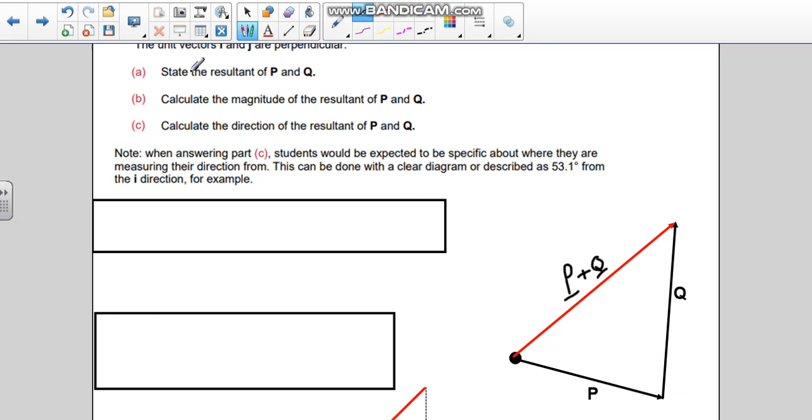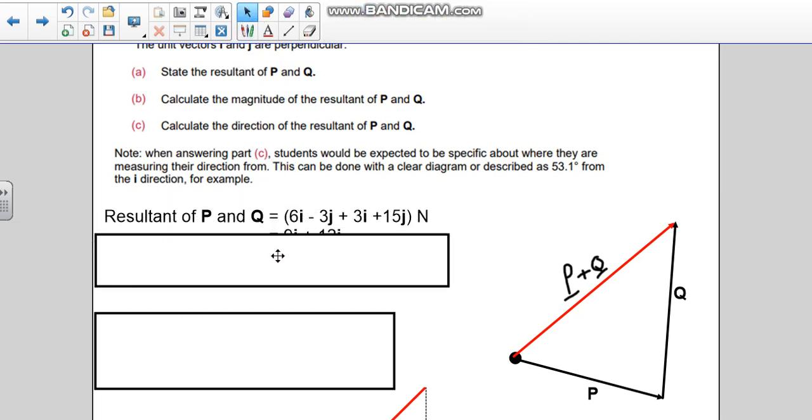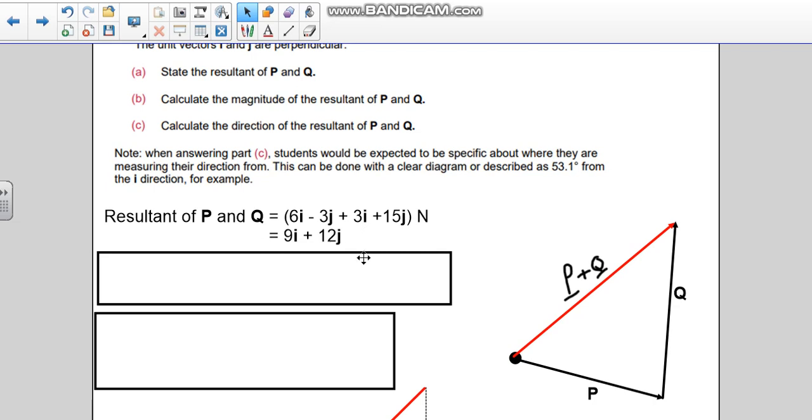We are asked to state the resultant of P and Q, which is P plus Q. We've been given the two vectors and I'm going to add them together. So we had 6i minus 3j plus 3i plus 15j, in newtons. So we've got 9i and 12j. The resultant of P and Q is 9i plus 12j.